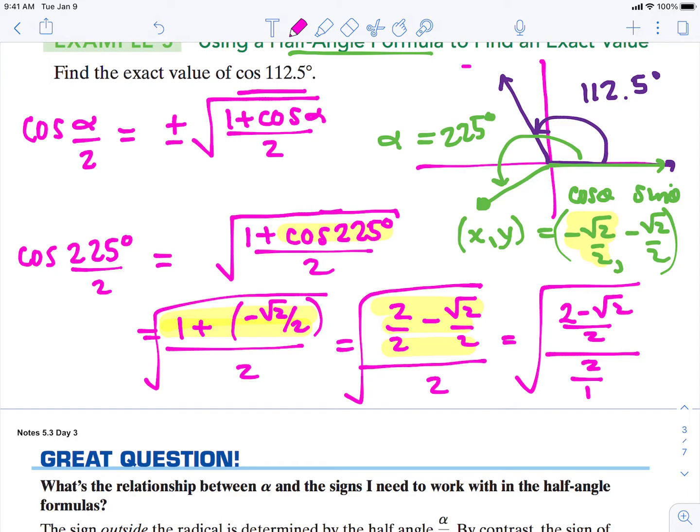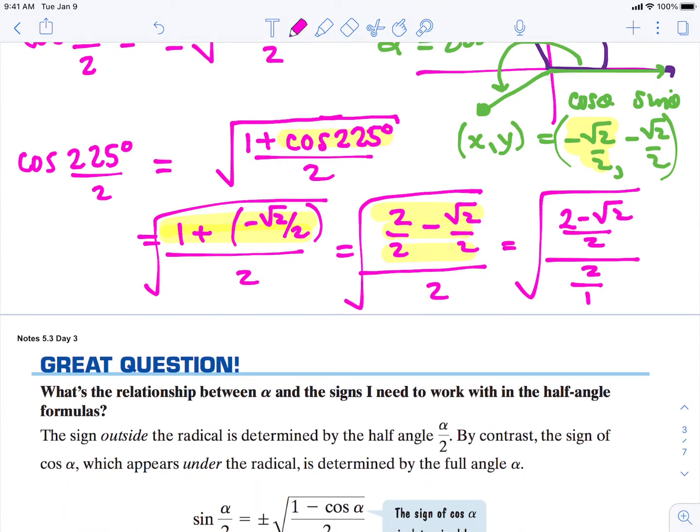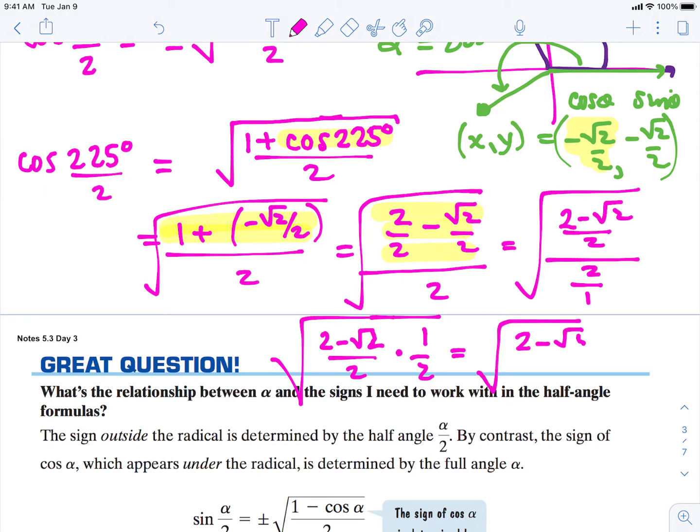So now I have a fraction dividing another fraction underneath that square root symbol, so I can keep, change, flip. So I have 2 minus the square root of 2, and then changing that to multiplication, and then flipping it. So I can multiply across. So I get 2 minus the square root of 2 over 4.